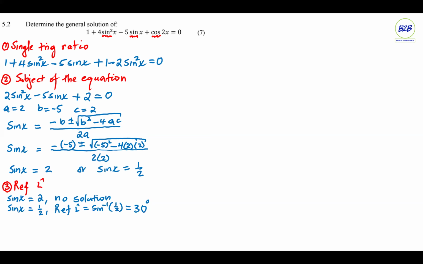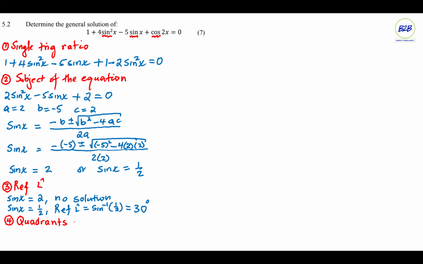All right. And then moving along, we will go to our fourth step. What is our fourth step? We must choose quadrants.